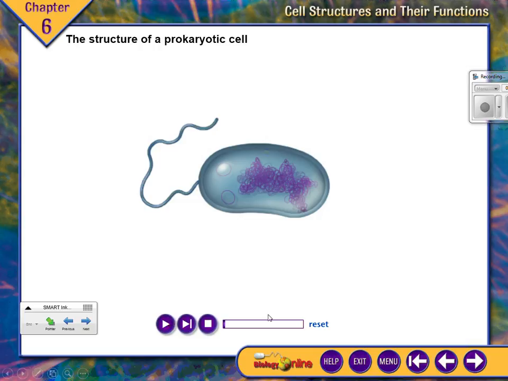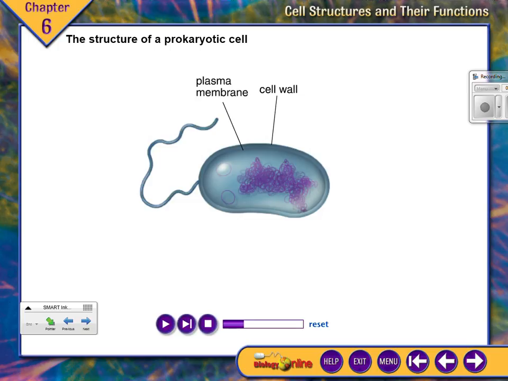The prokaryotes are bacteria. Nearly all prokaryotic cells have a rigid cell wall made of lipids, carbohydrates other than cellulose, and protein. Just inside the cell wall of a prokaryote is a plasma membrane that encloses the cell.